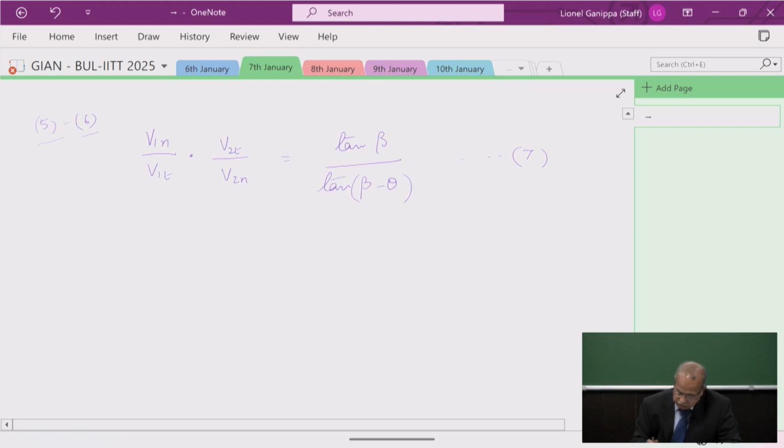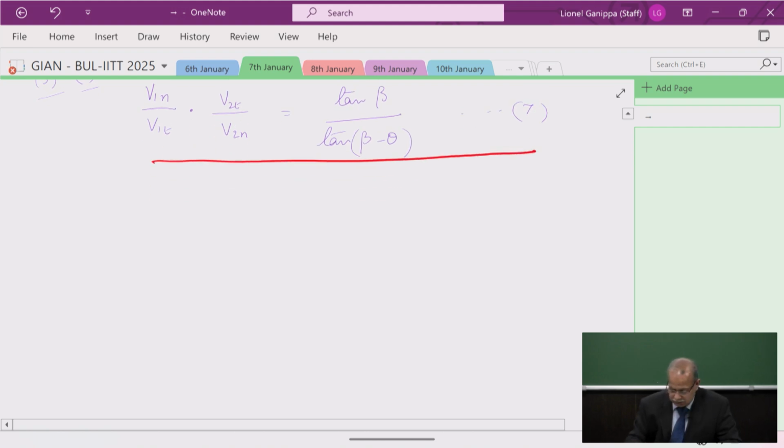So let's leave this equation here at the moment, and then we'll come back to this later on.